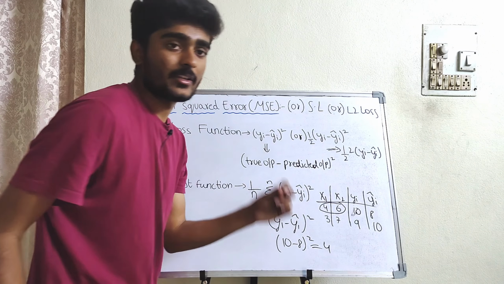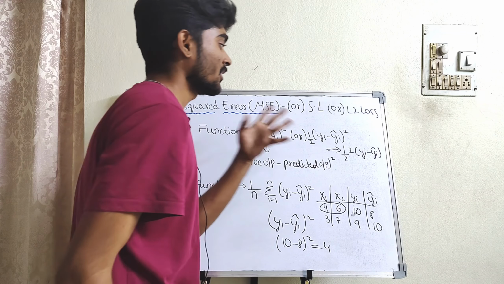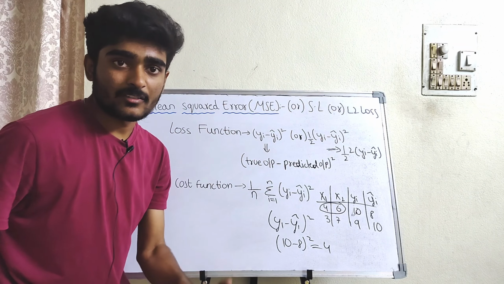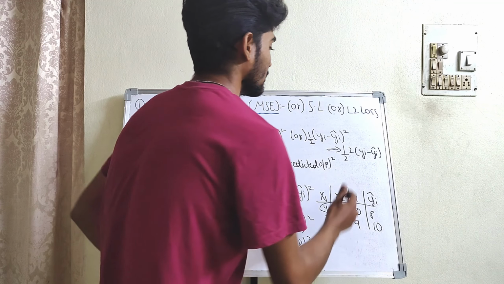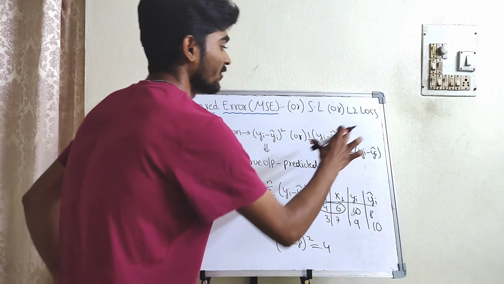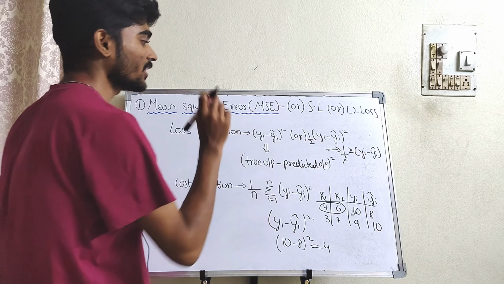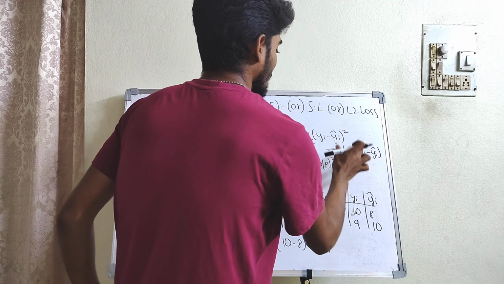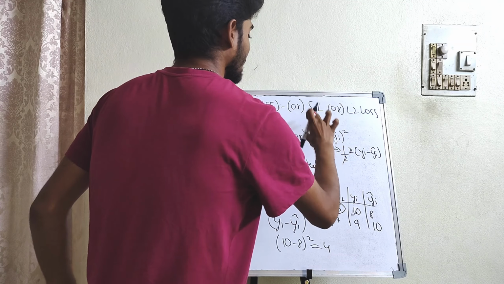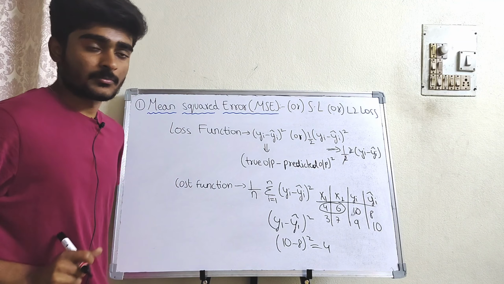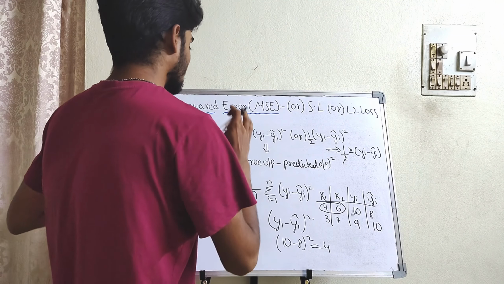This 1 by 2 is added for the efficient working of the gradient descent algorithm, as the 2 gets cancelled off and only this part remains. That is why we add 1 by 2 in front of the mean squared error loss function. Now let's see the cost function.